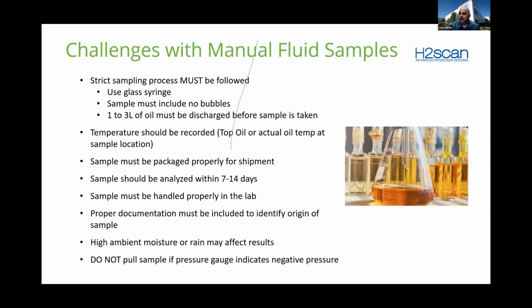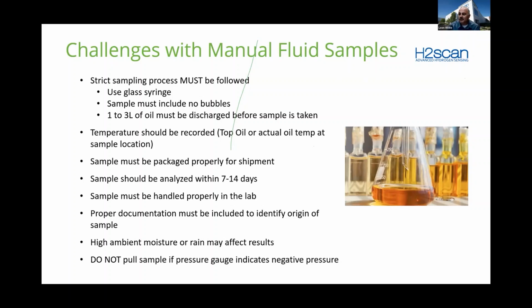The temperature should be recorded if there's a top oil temperature gauge, or sometimes the folks taking oil samples can measure the temperature of the oil sample directly, and that would be the best indication. But the gases move in and out of oil based on temperature, and so it's very important to understand exactly what the temperature of the transformer was at the time the oil sample was taken.